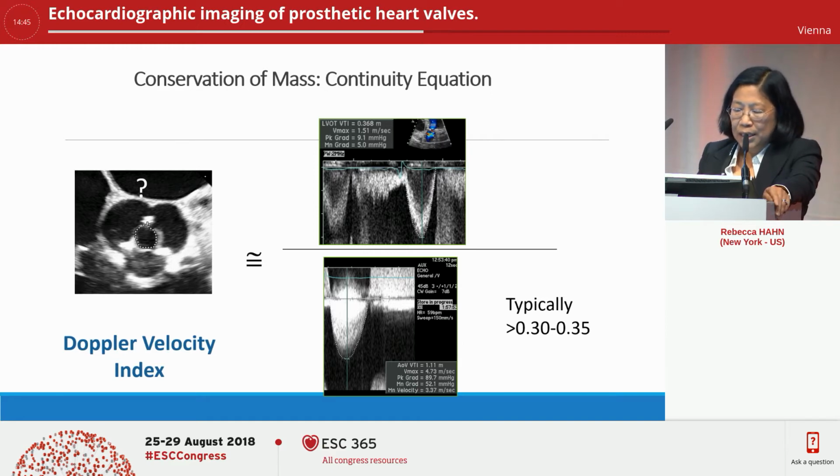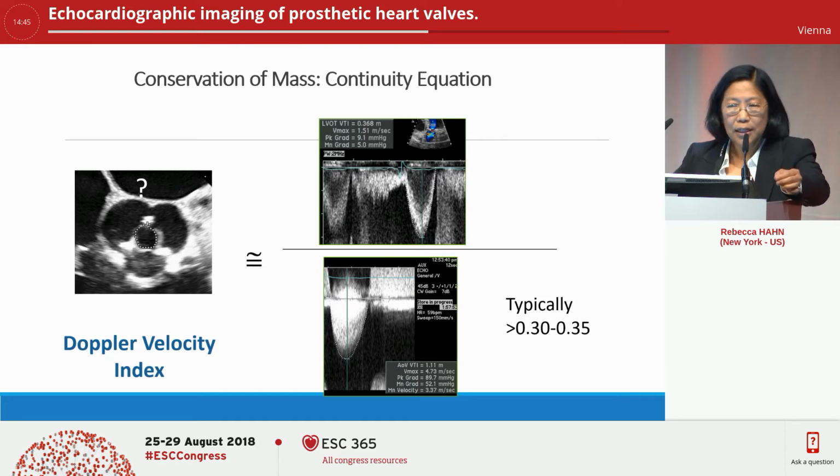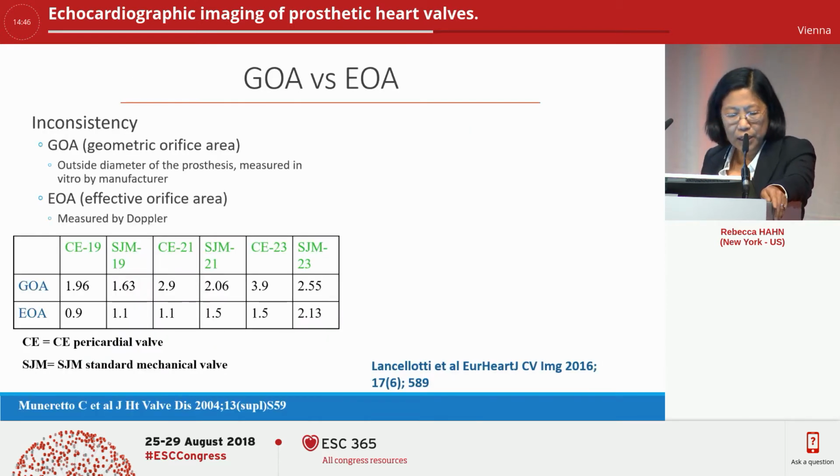This happens to be the modified index because we use the velocity time integral, but you could also use velocity. Typically a prosthetic valve, which is intrinsically a little stenotic, will be above 0.3 to 0.35, and most of the DVIs reported for prosthetic valves are closer to 0.4 and 0.5. And that is also true for the transcatheter valves.